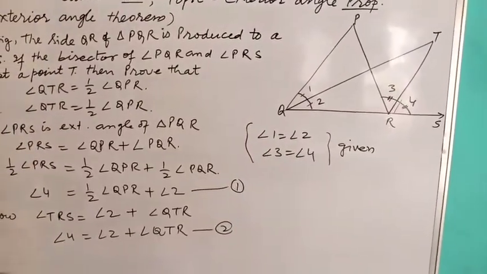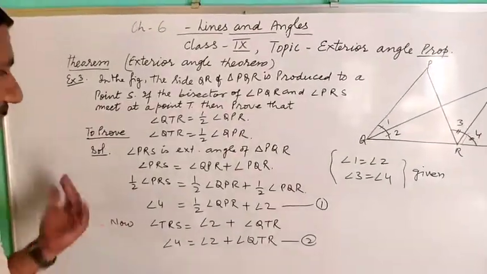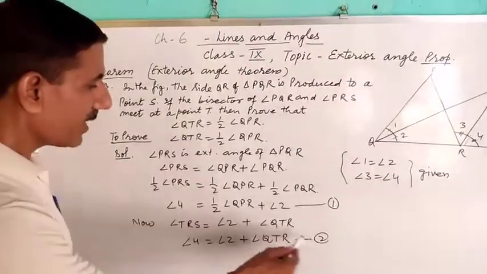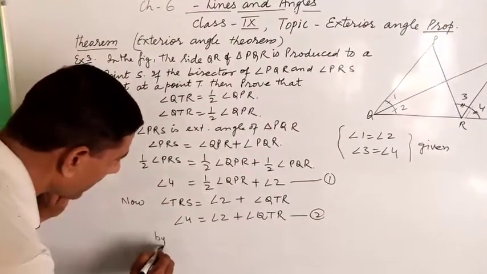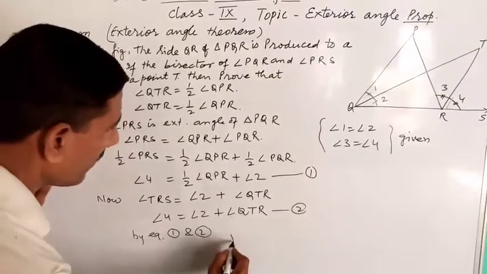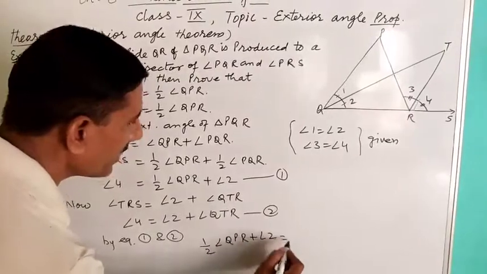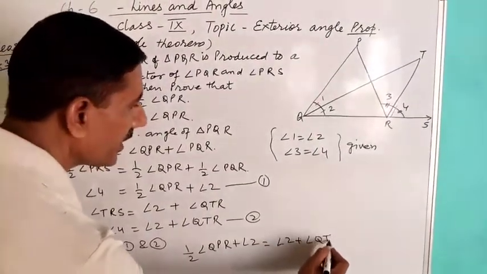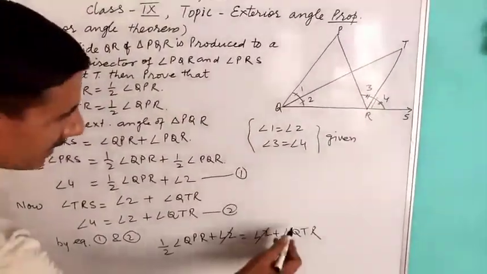We have seen that equations 1 and 2 have angle 4 on the left-hand side, both equal. So this part will be equal to this part, by equations 1 and 2. Half angle QPR plus angle 2 is equal to angle 2 plus angle QTR, and angle 2 cancels.